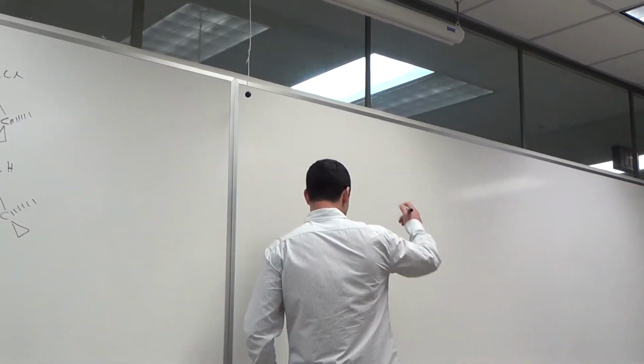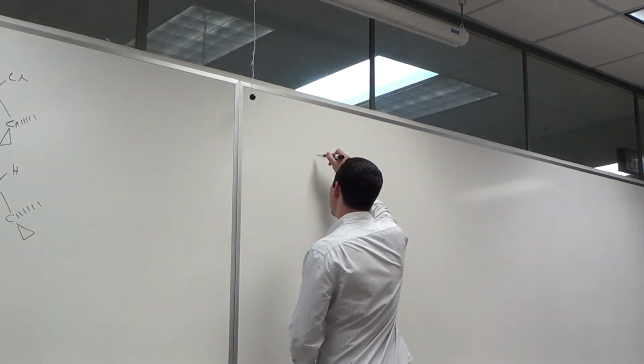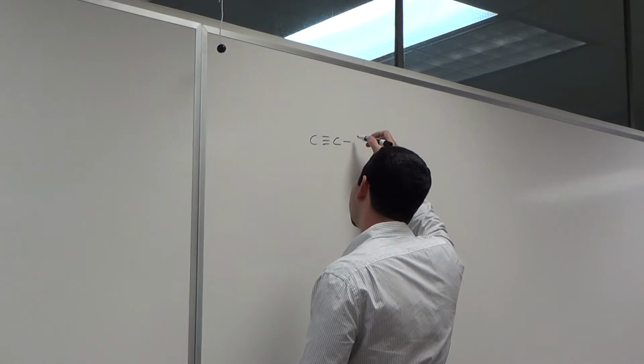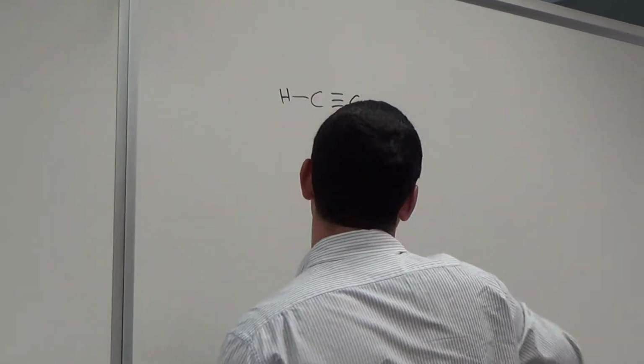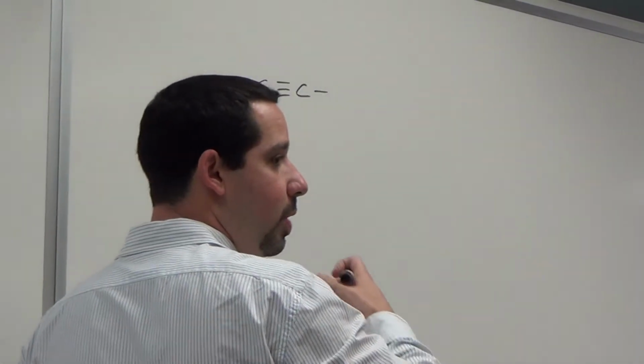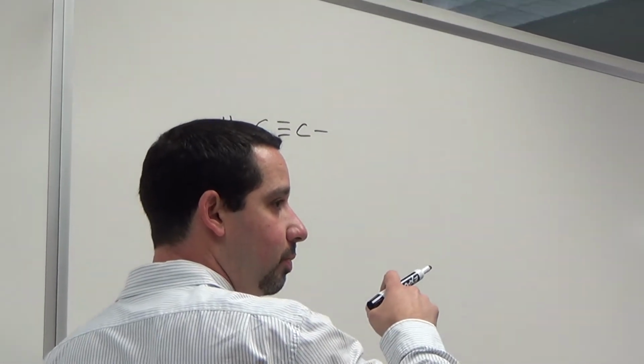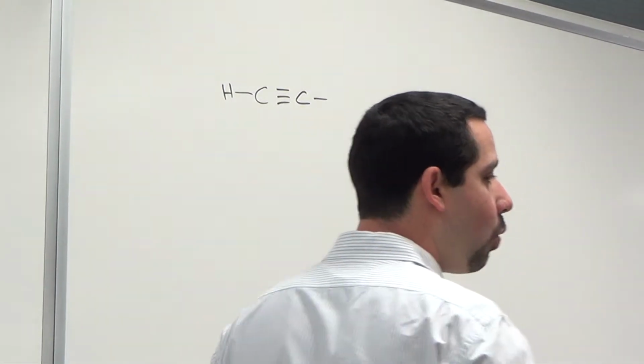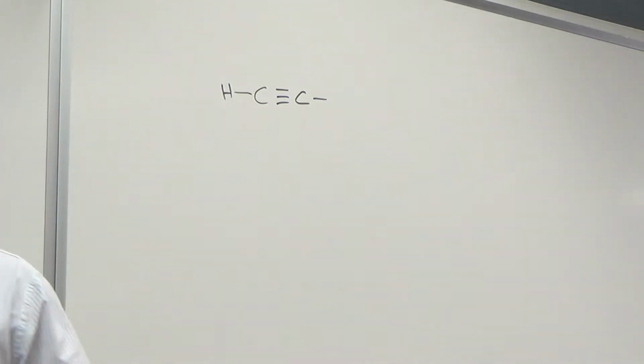We were doing alkynes before. Where were we? Keto-enol. So we added HBr to this. Yes. And how about Br2? Yes. And we did HgSO4. What is that for? Hydration.